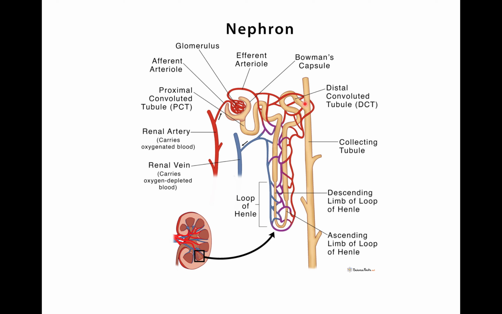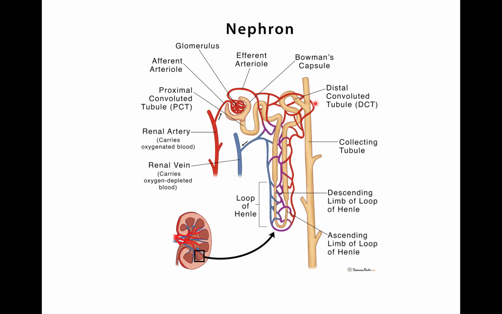The cells of the collecting duct are very large columnar cells and they are permeable to water, but they don't have any brush border. Actually, the collecting duct is not a part of the nephron because so many nephrons open into the collecting duct. But for the purpose of explanation, I have included the collecting tubule also.